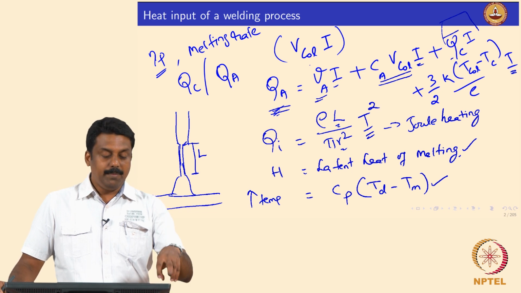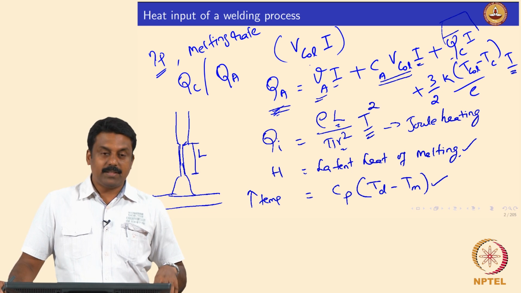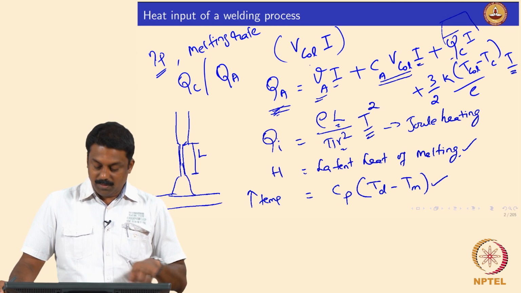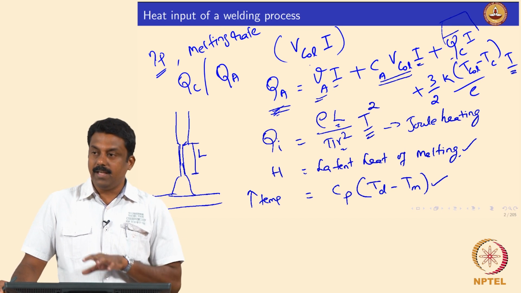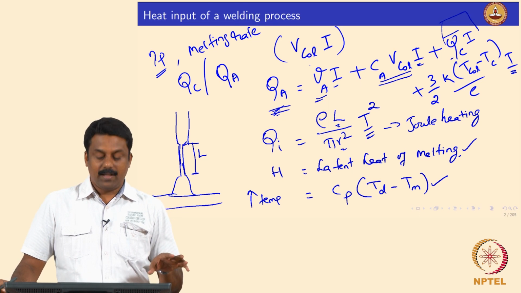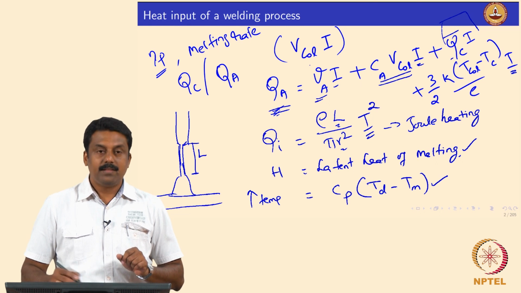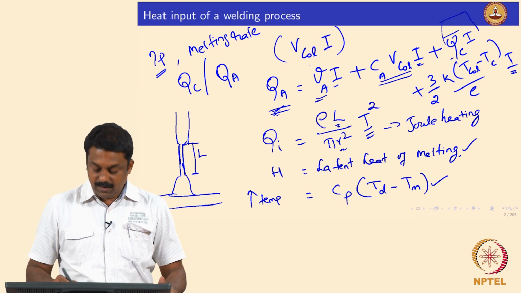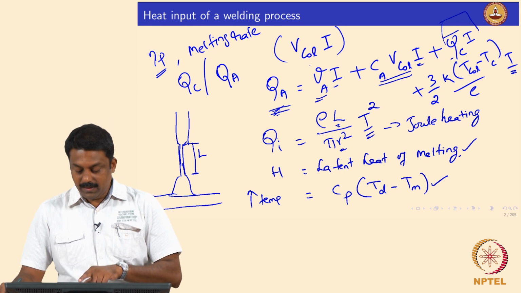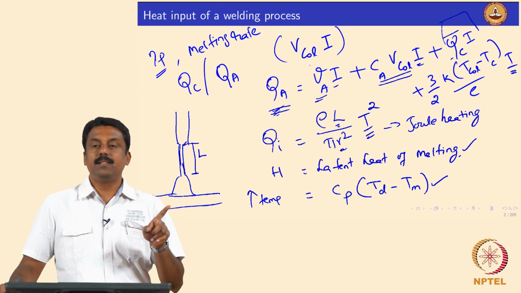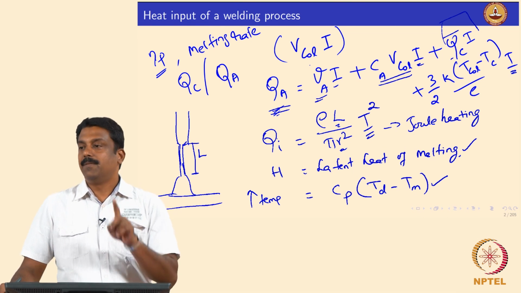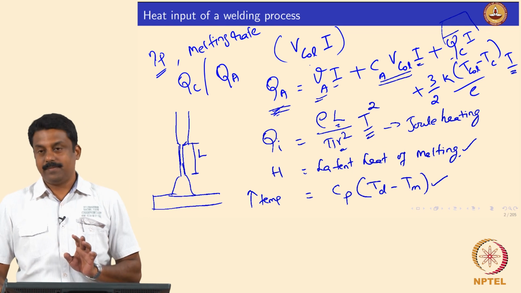So now, for a given material and a given process condition, which includes the shielding gas, the important variables which control the melting rate are the current and the stick out length for a given diameter. These two mainly, the current and the stick out length, you can independently vary for a given process, for a given material of a given diameter.